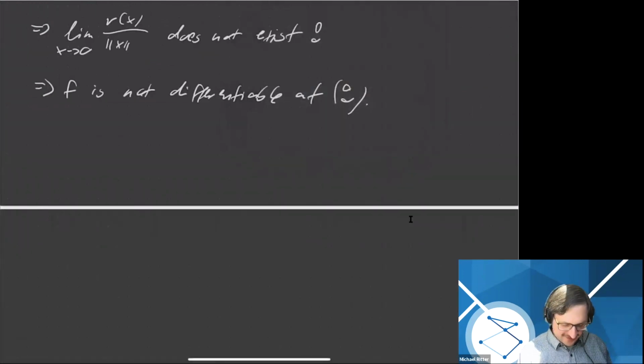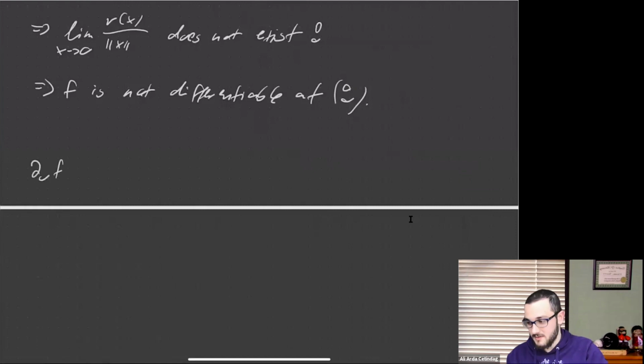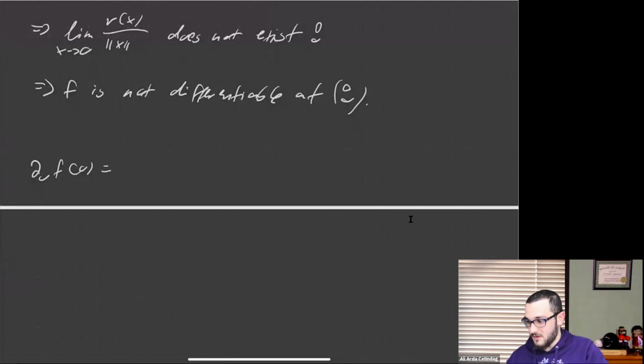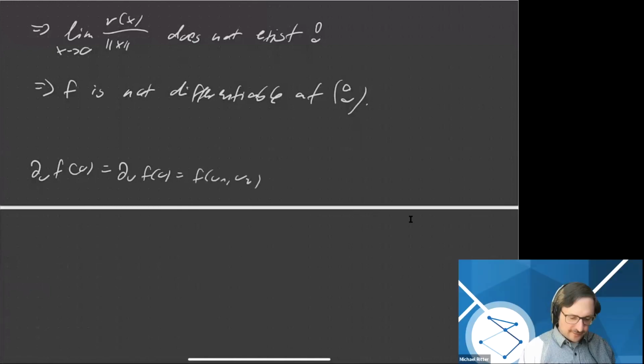I'm guessing he means the directional derivative of f at 0? Yes, exactly. Okay, so why is that true?